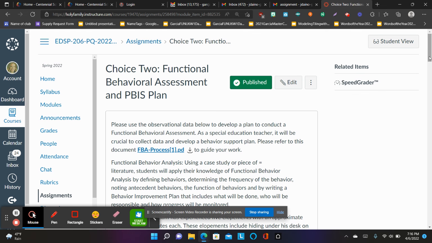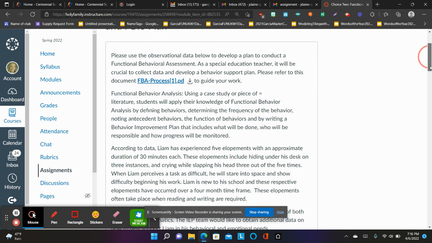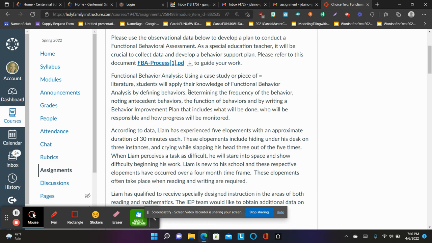So, using a case study or a piece of literature, students will apply their knowledge of FBA by defining behaviors, determining the frequency of the behavior, noting antecedent behaviors.